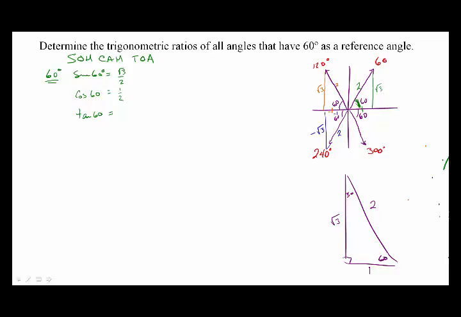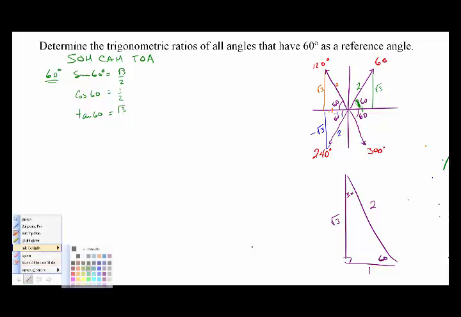Mr. Troyer, let's go with you. Square root 3 over 1, which is just square root 3. Okay, that was for 60 degrees.